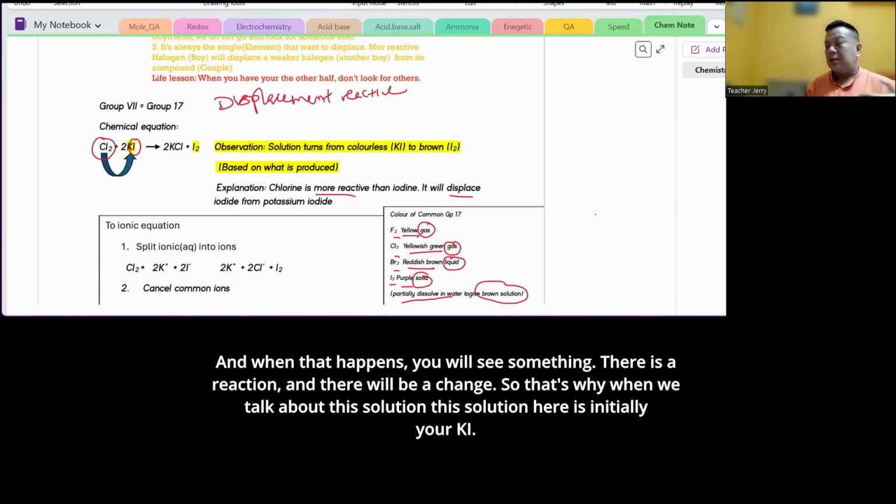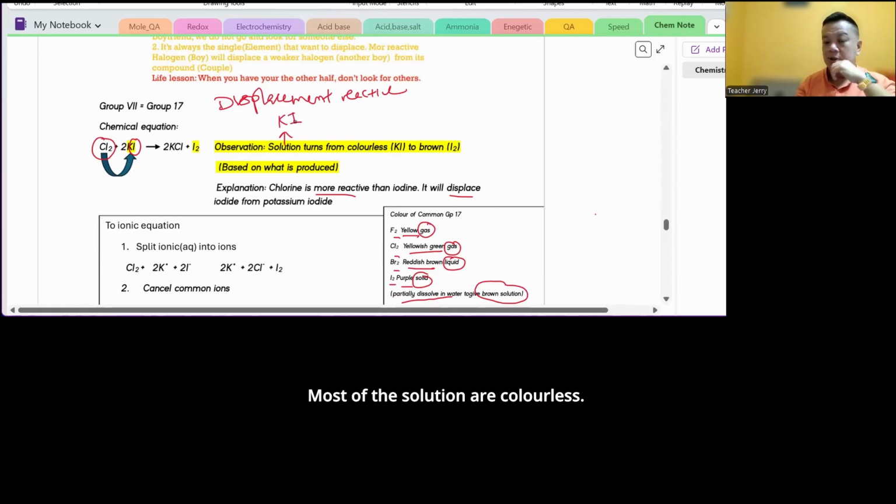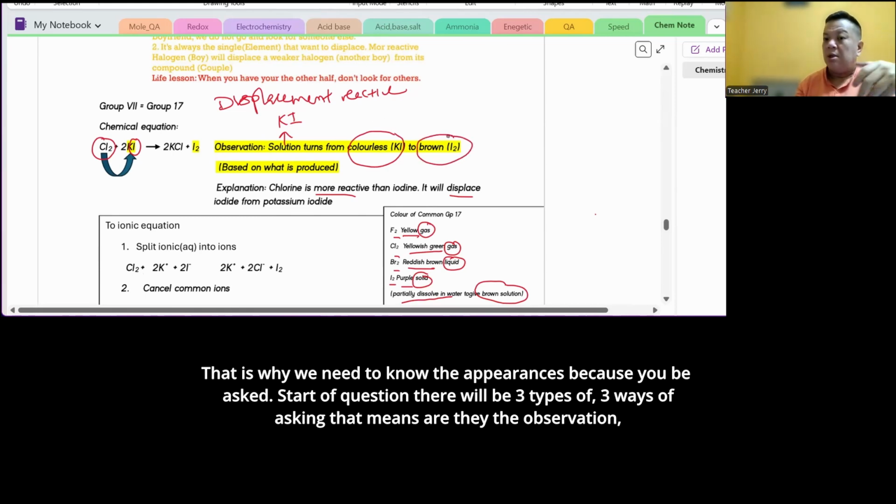When that happens, there is a reaction and there will be a change. Initially your KI solution is colorless, most of the solutions are colorless, then later iodine is brown. That is why we need to know the appearances, because we'll be asked these types of questions.